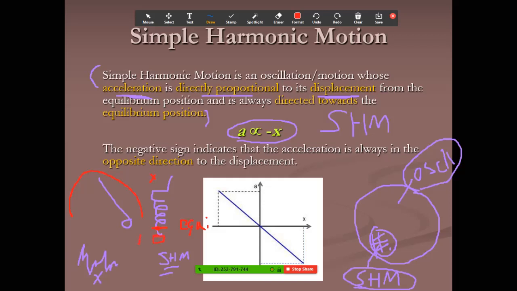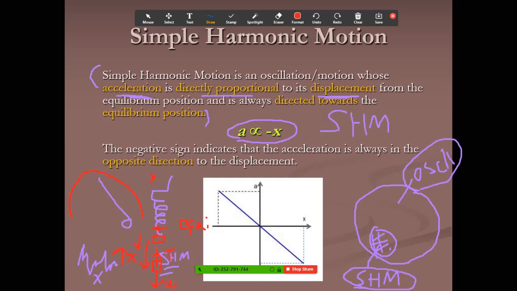On the way it's going down, the displacement is of course rising, and the object is at the bottom here. The tension is acting up, and the weight of the mass is acting down.